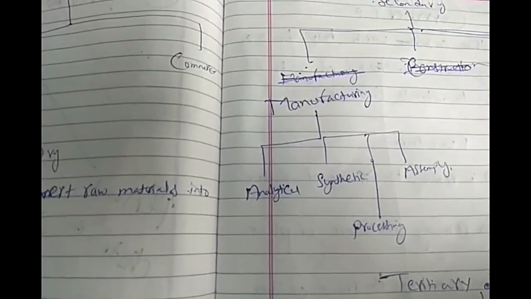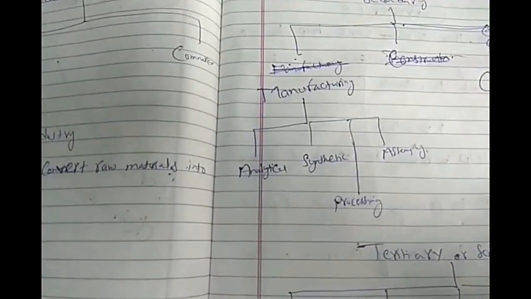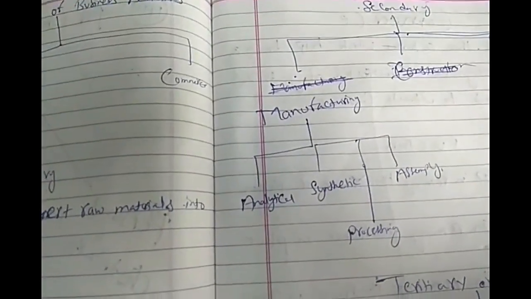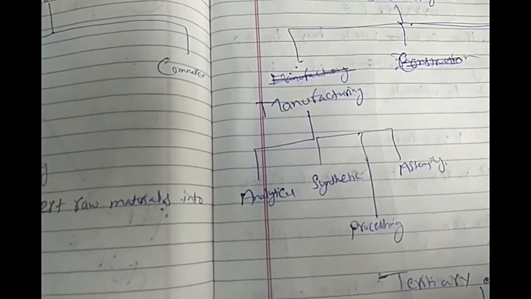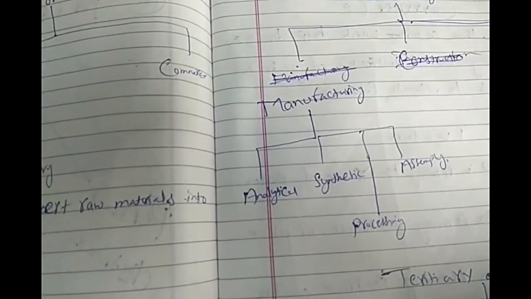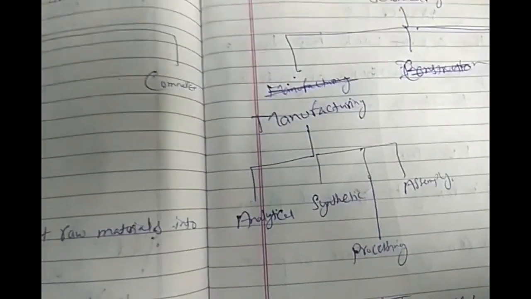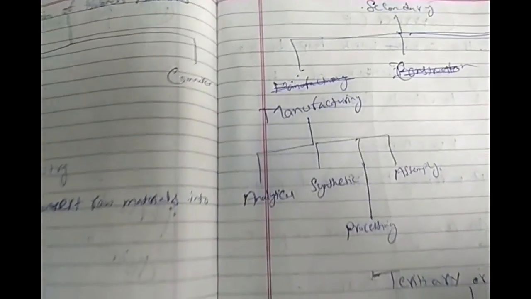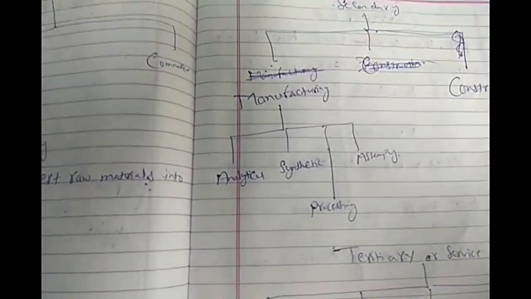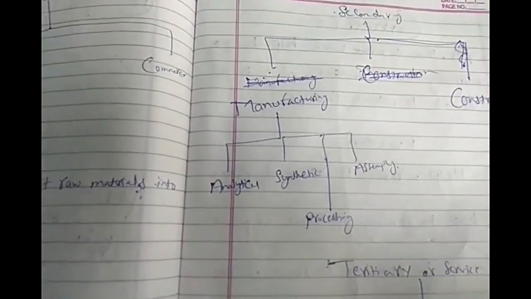That is clear to everyone. For example, timber is converted into furniture, sugarcane into sugar, cotton into textile. That type of activity is the process of conversion of raw material into finished goods. That is clear to everyone.